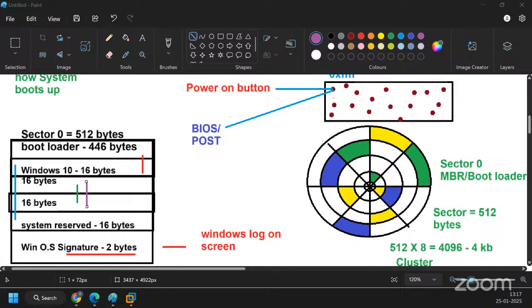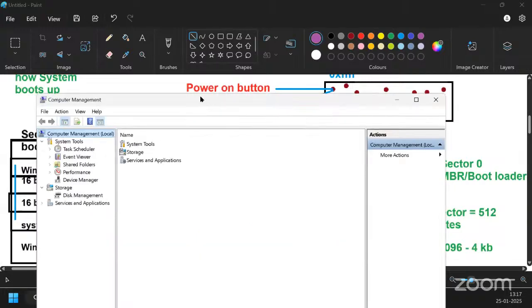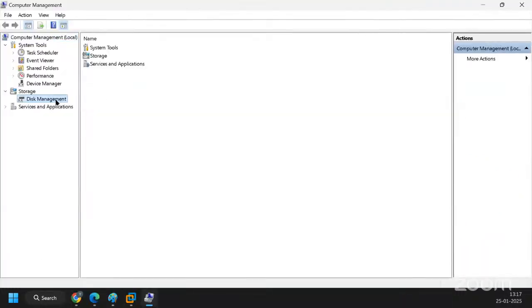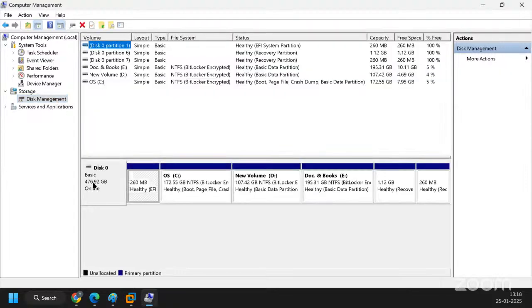So over here, we can open either computer management or disk management, and with the help of that they will provide us the information. This is the computer management we have. We can go into the disk management, and the moment you right click on Disk 0, it says convert to MBR disk.